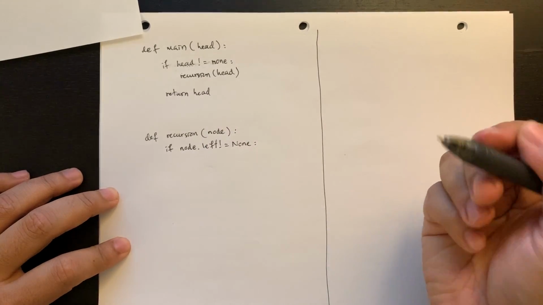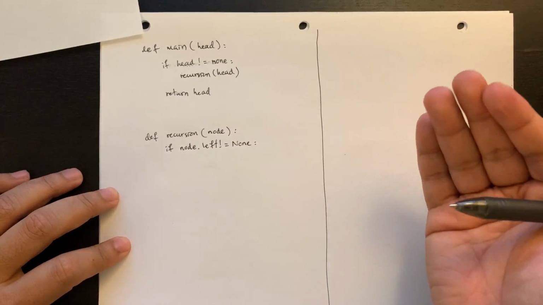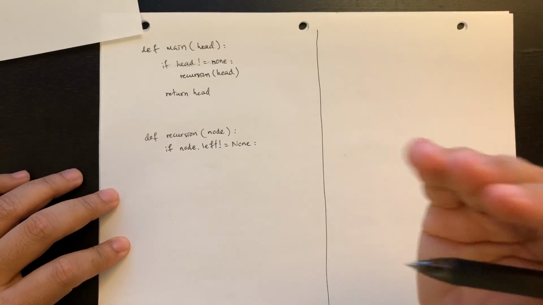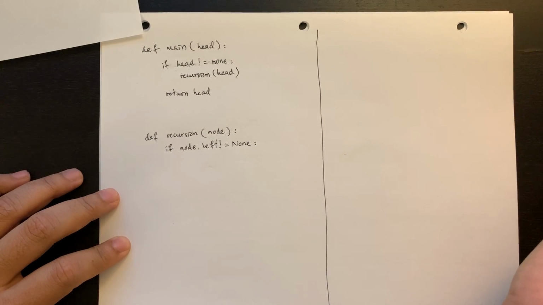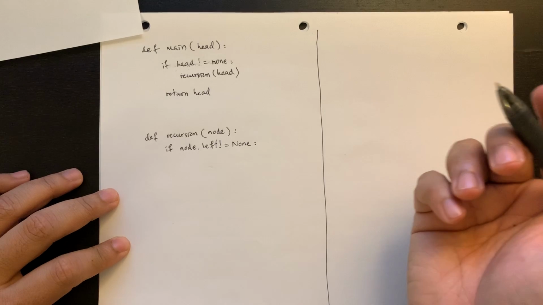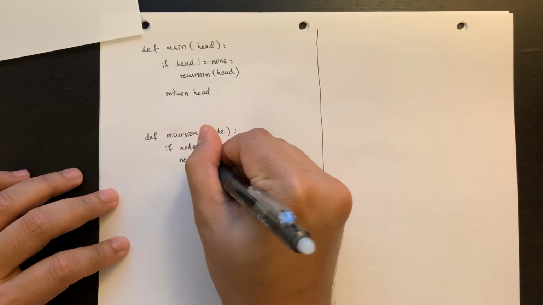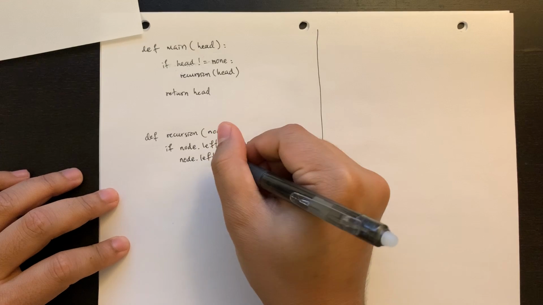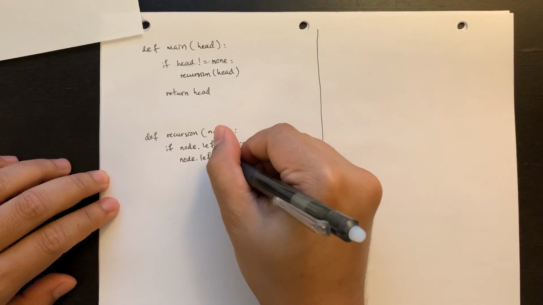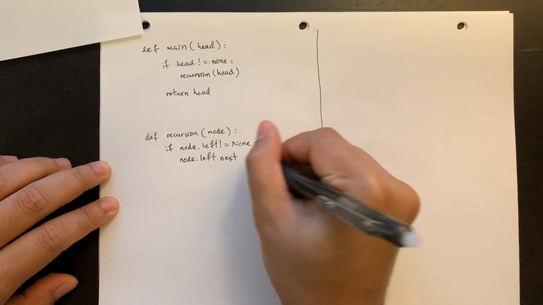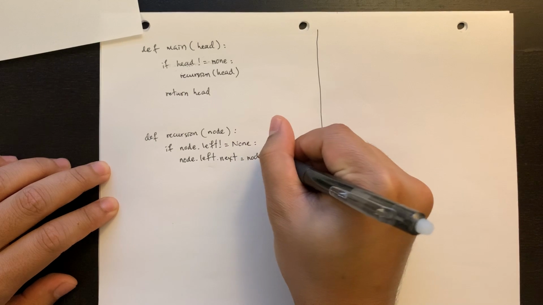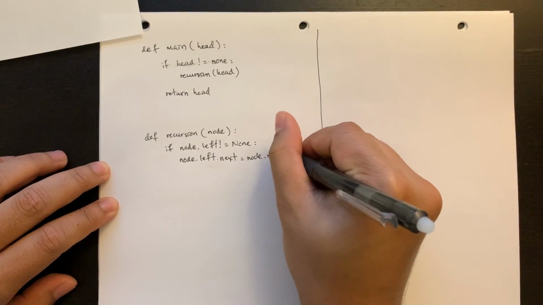So if node dot left is not none, we can guarantee that there is a node dot right because it's a perfect binary tree. So we can connect them. Node dot left dot next is equal to node dot right.